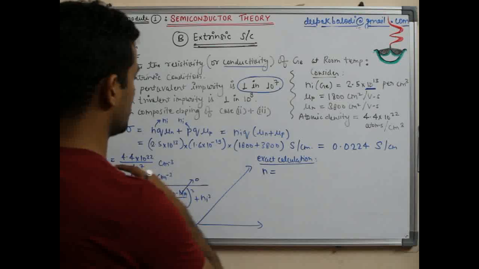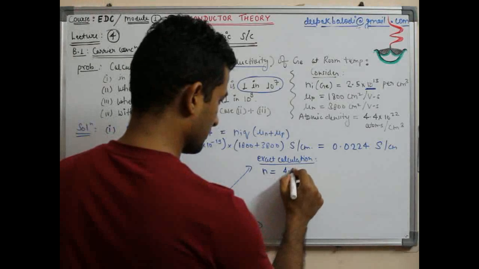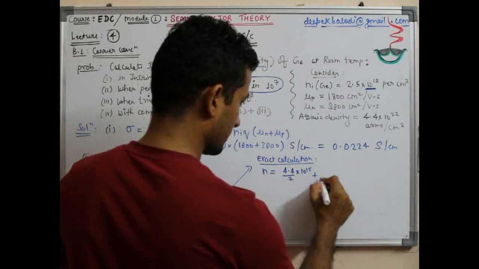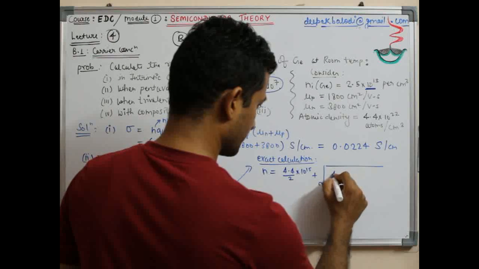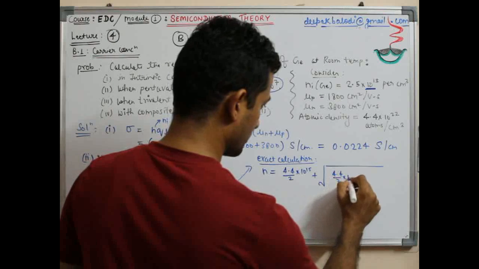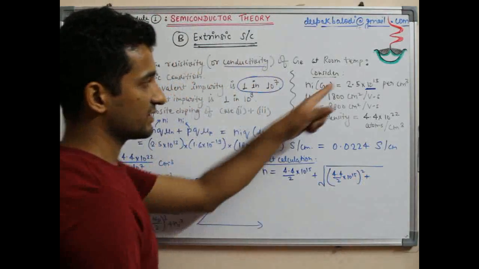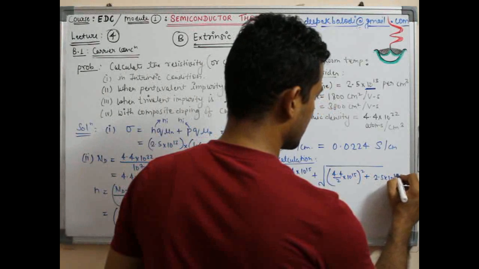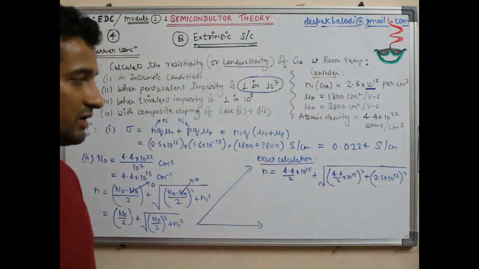Nd is what we have argued, so 4.4 into 10 to the power 15 by 2, plus the square root of (4.4 by 2 into 10 to the power 15) squared plus ni squared, so (2.5 into 10 to the power 13) squared.